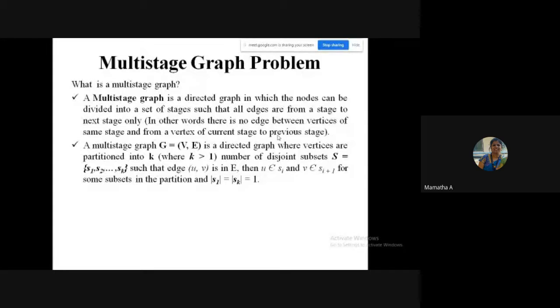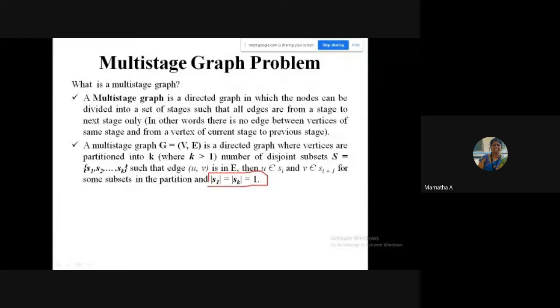So it is not to the same stage or to the previous stage. Are you all understanding? And remember the first stage and the last stage. See what I did? The cardinality of the subset S1 is equal to the cardinality of the subset Sk is equal to 1. What does this indicate, students? Any idea? What does it indicate if I write cardinality of S1 and cardinality of Sk equals 1?